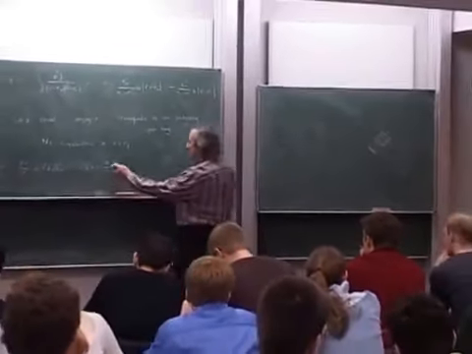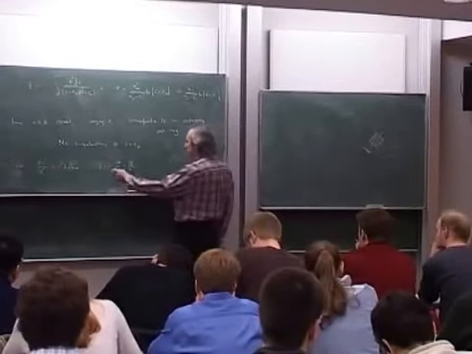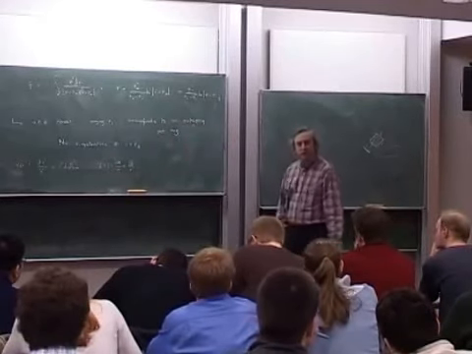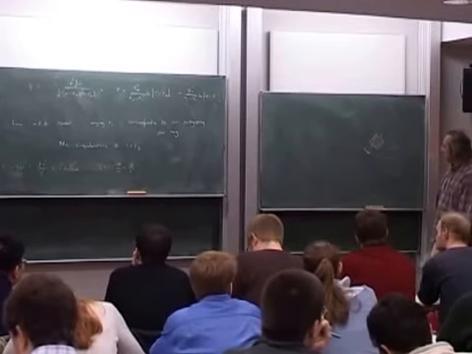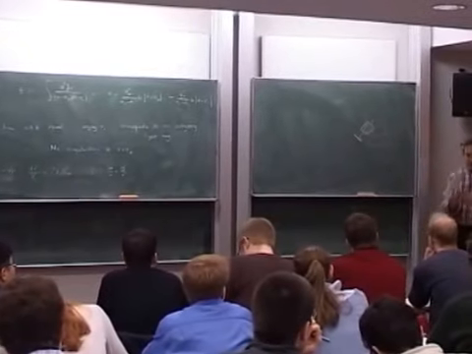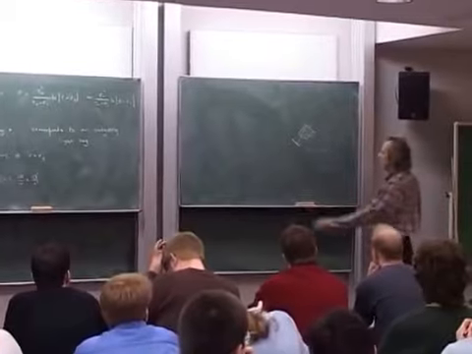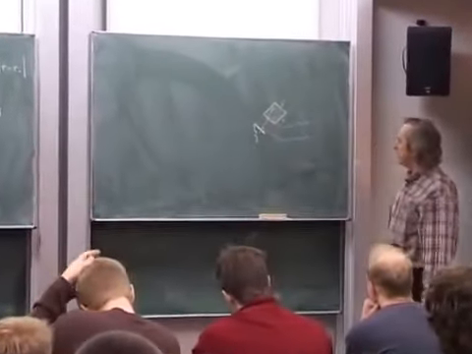That's because this term is negligible compared to that one, and that one is negligible compared to both of them. So v just looks like q squared over r squared, close to r equals 0. That tells you that r equals 0, instead of being a space-like singularity, is in fact a time-like singularity. So you can reach the surface r equals 0 here, and it looks something like that.